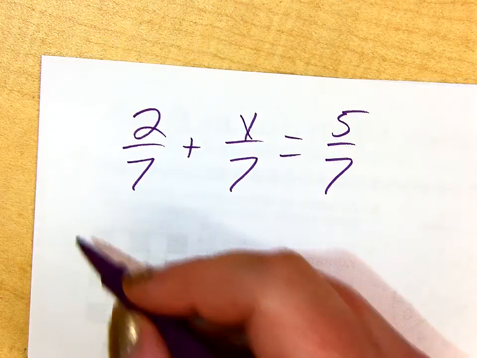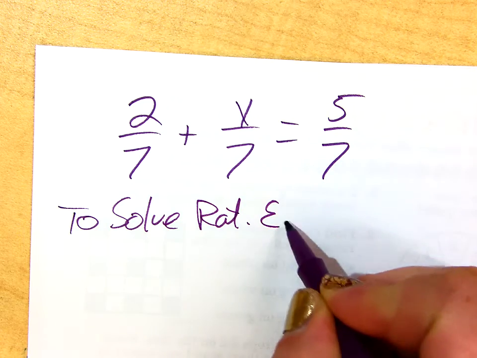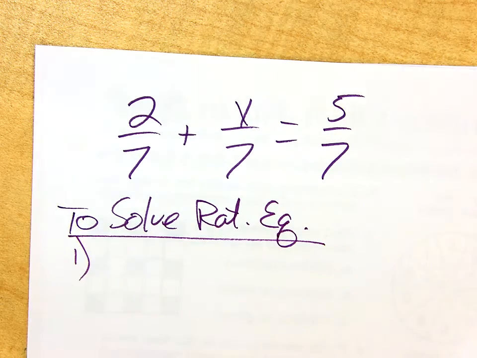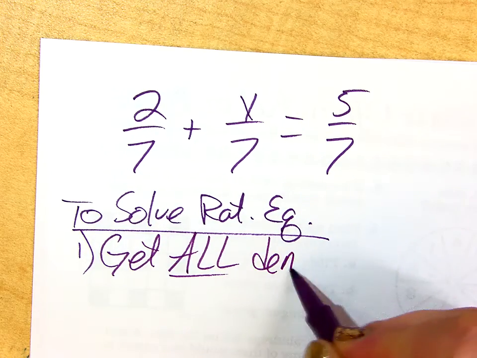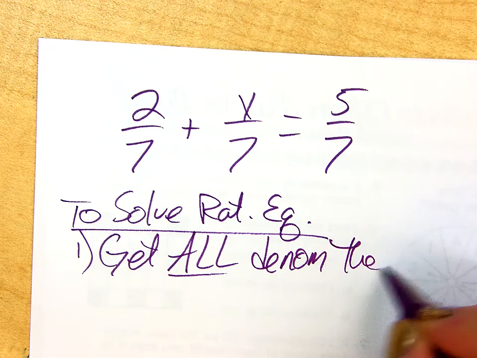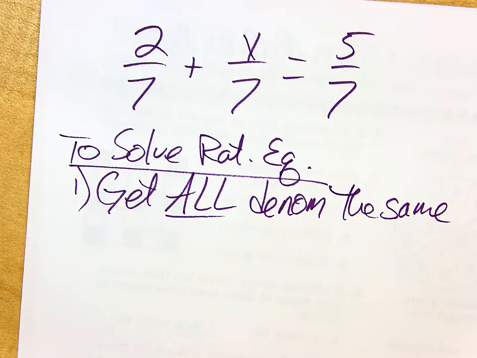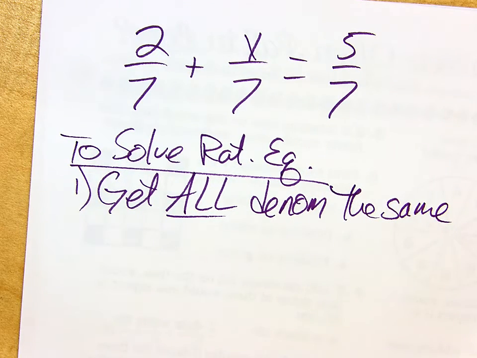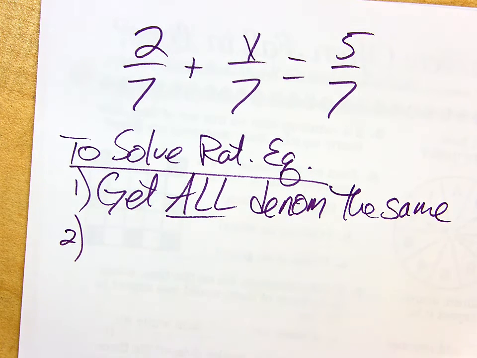Okay, so to solve rational equations, your first step is to get all the denominators the same, all of them on both sides of the equal sign. How do you get them all the same? Well, if there are any denominators that need to be factored, we're going to do that.